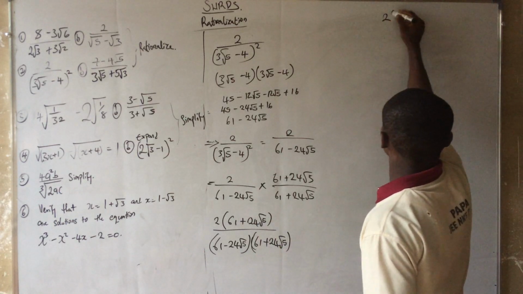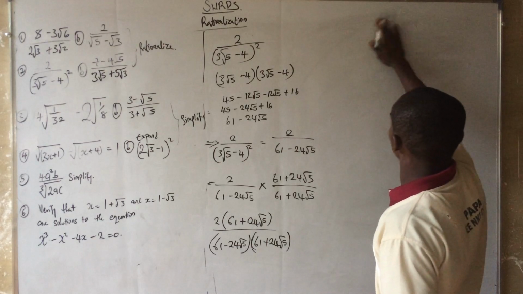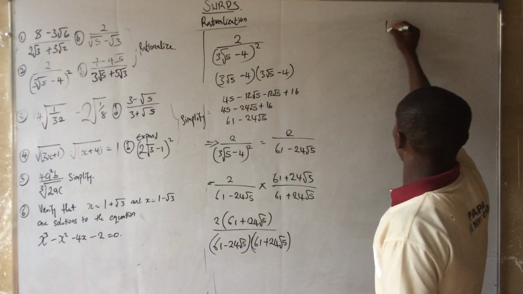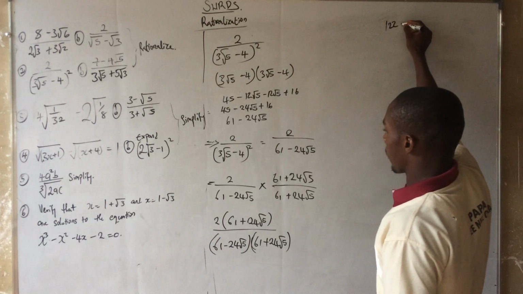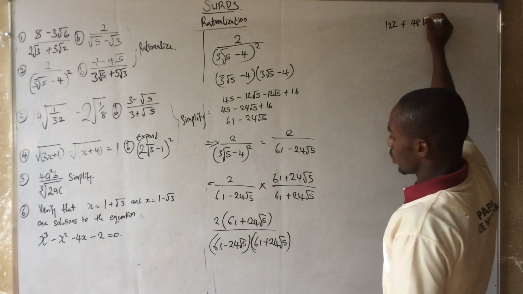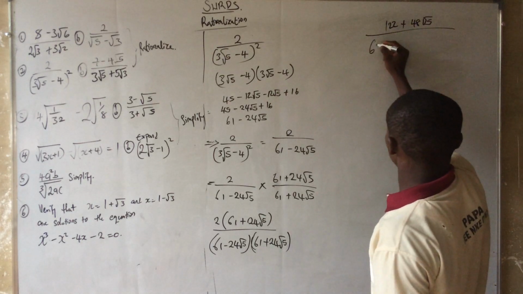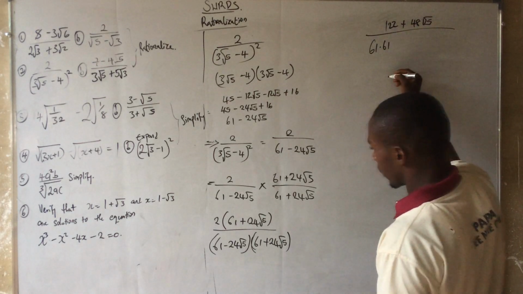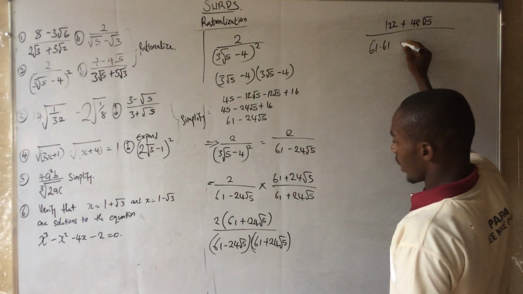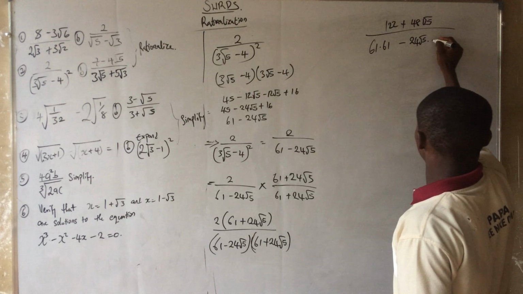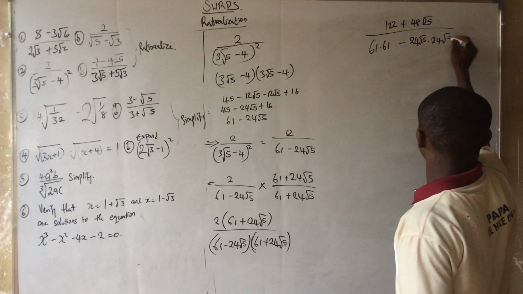So 2 times this is 122 plus 48 root 5 all over 61 multiplied by 61, then minus 24 root 5 multiplied by 24 root 5.